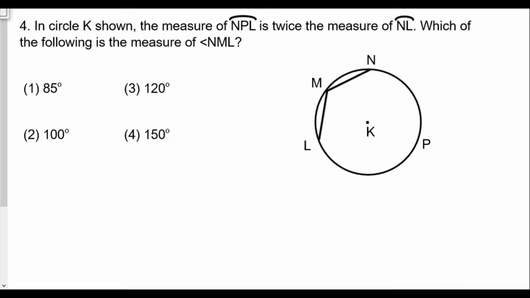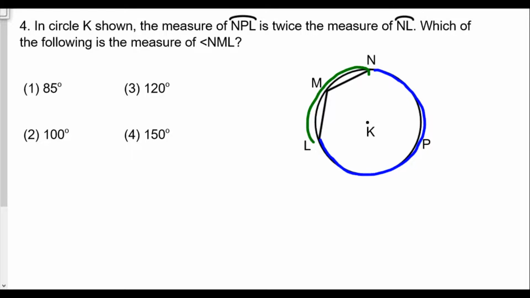Question number 4. In circle K shown, the measure of arc NPL is twice the measure of arc NL. So here is the measure of arc NPL, and it is twice the measure of arc NL. But the two arcs add up to the whole circle.